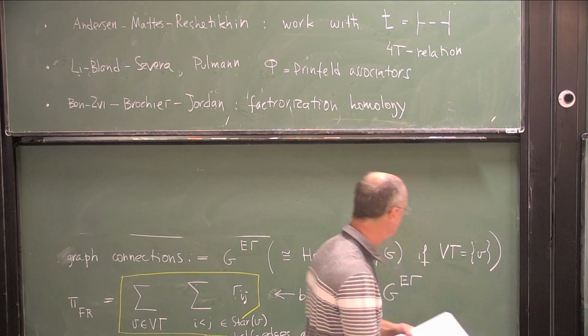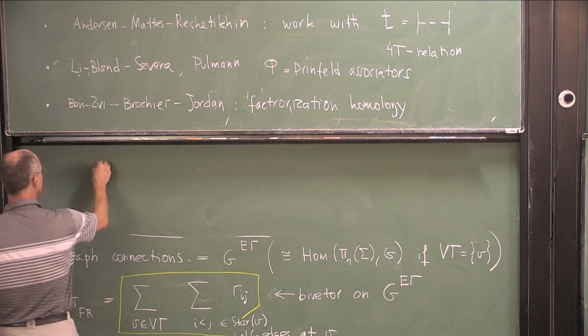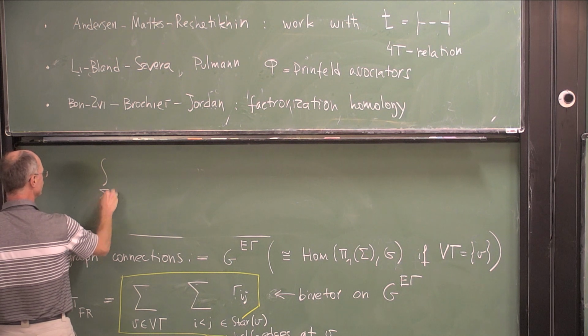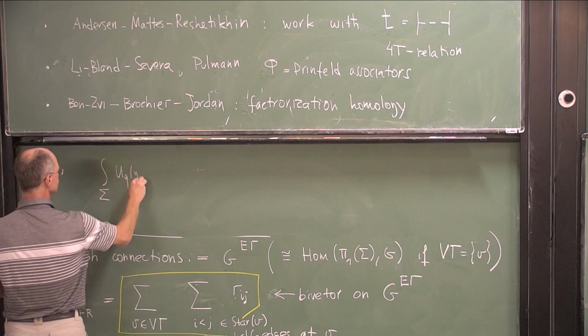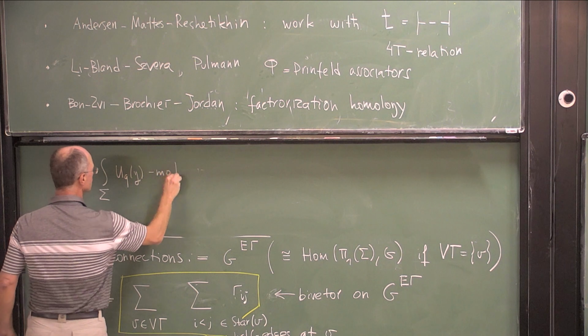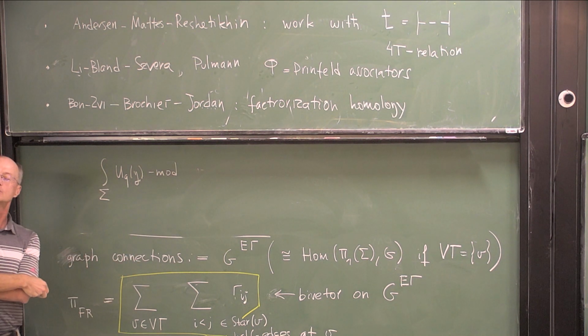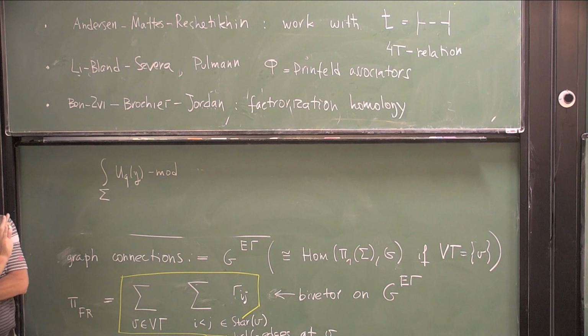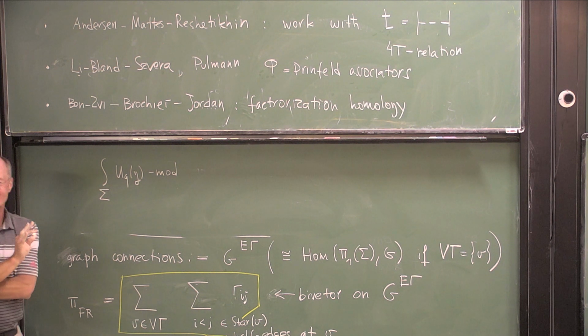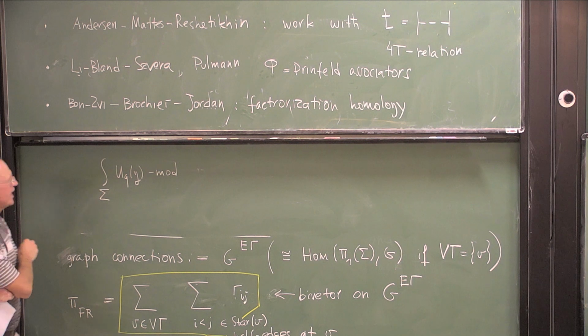And so they claim, okay, they have a very beautiful notation. You take a representation category of U_q(g) and you integrate it over the surface. Whatever this might mean.